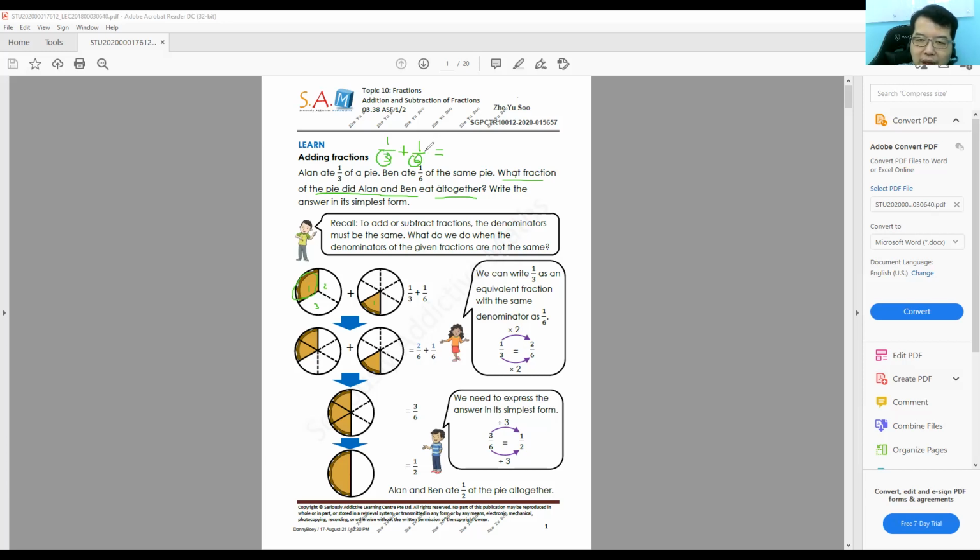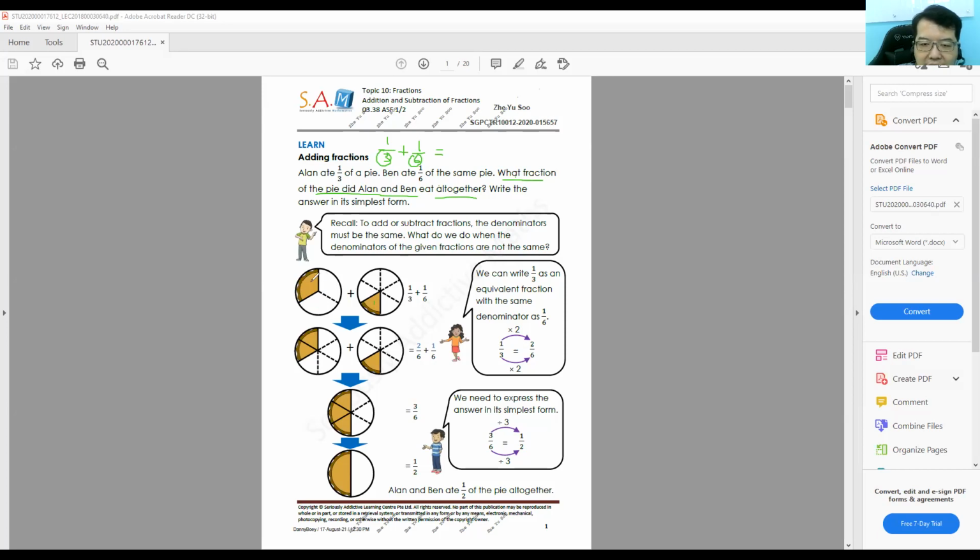The easier way to do it is to make sure that they have the same denominator, the same number of parts. Then it'd be easier for you. Let's take a look at this pie here. 1/3 of a pie is indicated here, and 1/6 is indicated here.